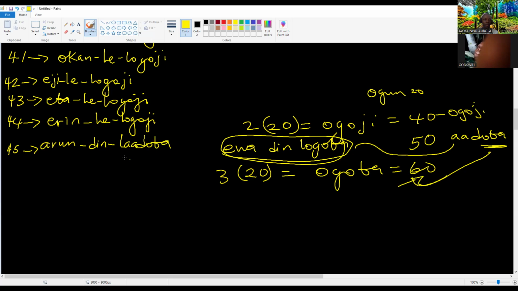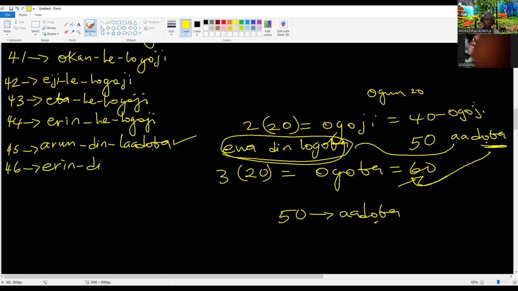Arundinla Aadota. Is that clear? So Aadota is 50, okay? Yes, sir. So if Aadota is 50, then 46 is 4 away from 60. That is Erin dinla Aadota, okay?